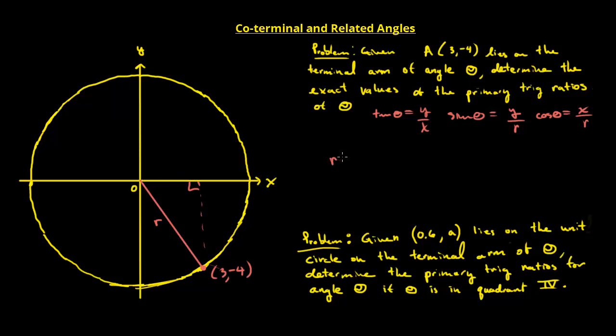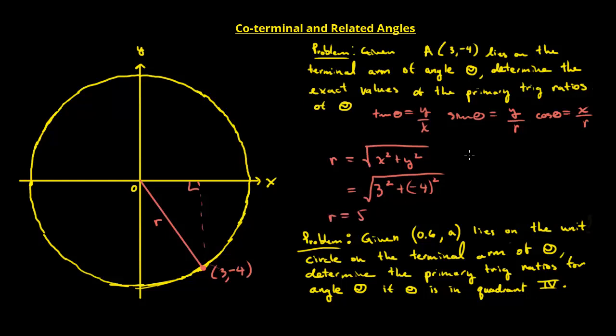So I know that r is equal to the square root of x squared plus y squared, which is equal to 3 squared plus negative 4 squared, all square rooted. So r is going to be equal to 5.